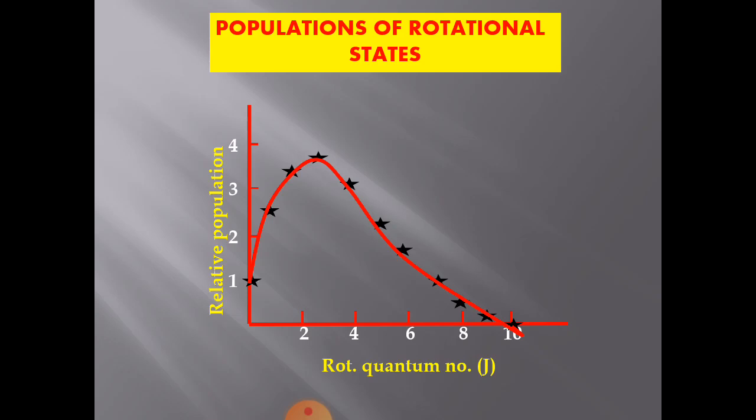This is the population of rotational states. Here this is the rotational level population with Bhc by kT equal to 0.05. J is the rotational quantum number.